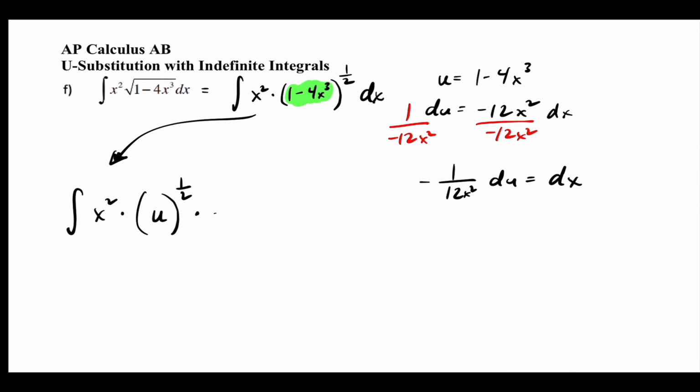And instead of dx, I'm going to put negative 1/12 x squared, and then a du at the end. The big thing is the x's. You need the x's to go away. Any other letters, you want them to stay. I just want u's, and this one does it. It goes away.